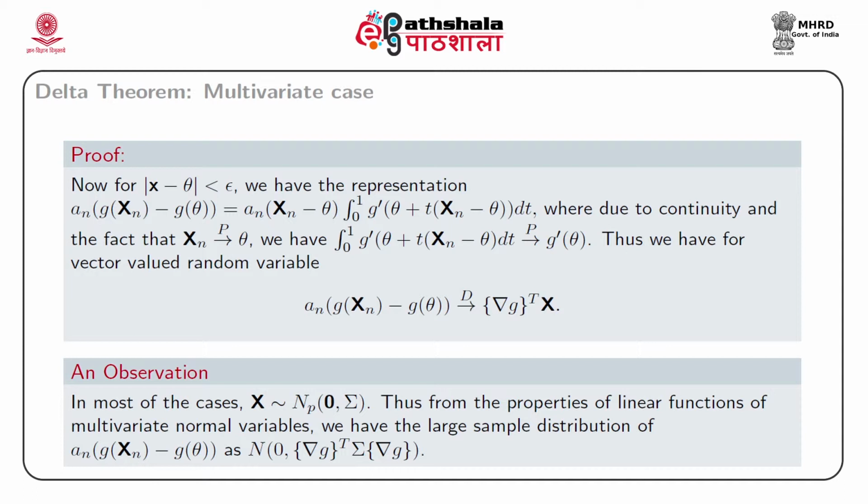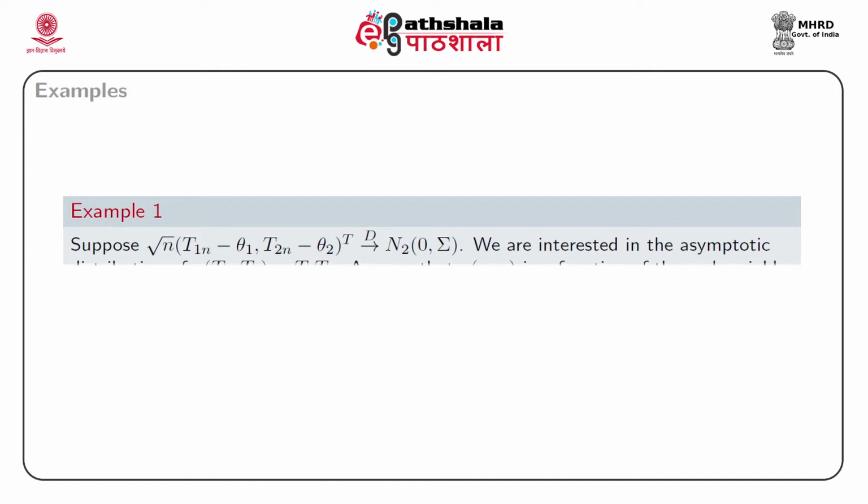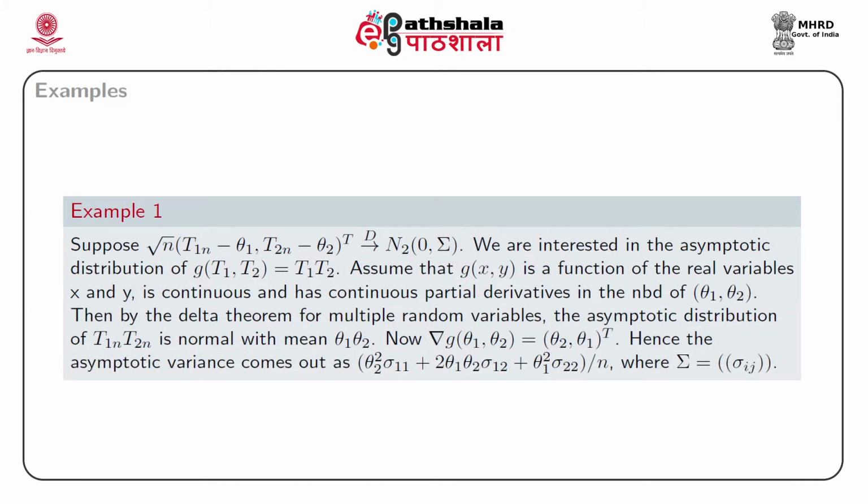So now we are in a position to discuss some examples regarding this multivariate CLT and delta theorem using random vectors. First of all, suppose we have T_1n and T_2n such that square root of n multiplied by the vector with components (T_1n minus theta_1) and (T_2n minus theta_2) converges in distribution to a bivariate normal distribution with mean 0 and dispersion matrix sigma.